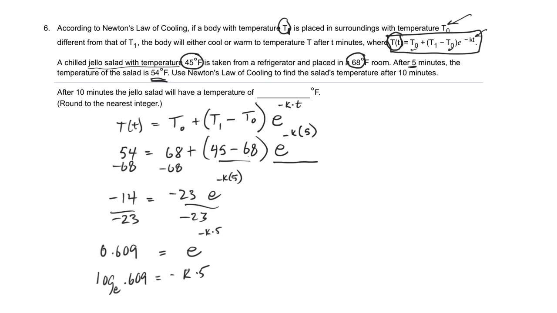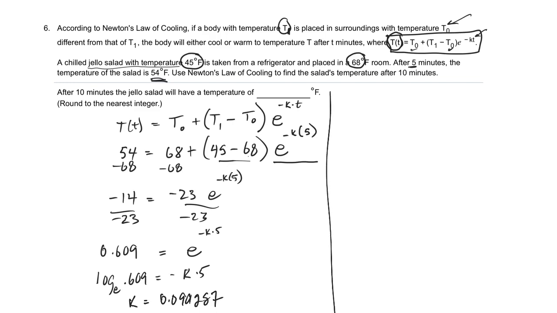So that'll be ln of my answer up there divided by negative 5. Okay, so the k value comes out to being 0.099287. So that's a k value.